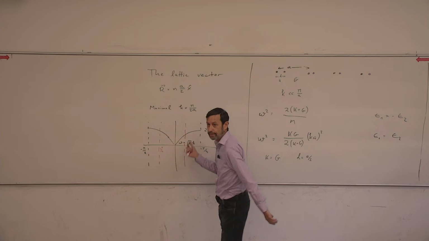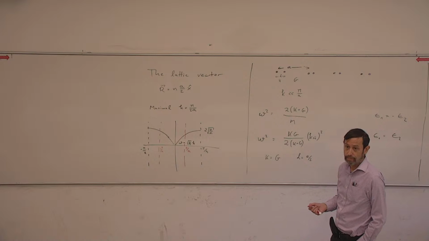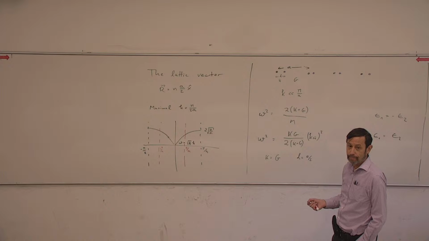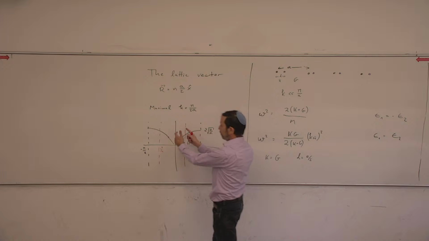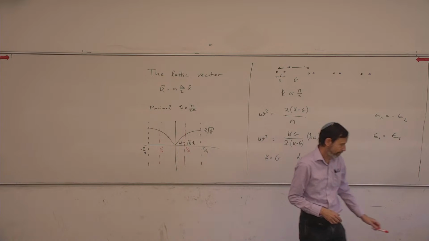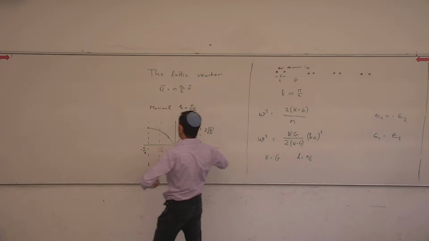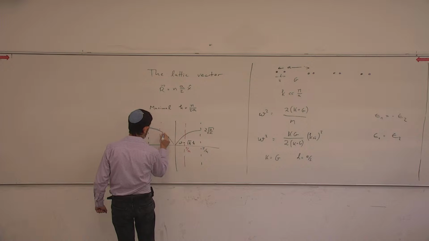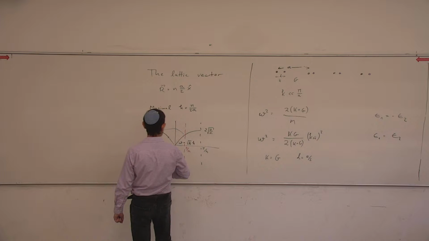It's already not within the allowed k values. I can always move them by g, by the reciprocal vector, into the allowed region. So this part is copied into here. This part copied into here.